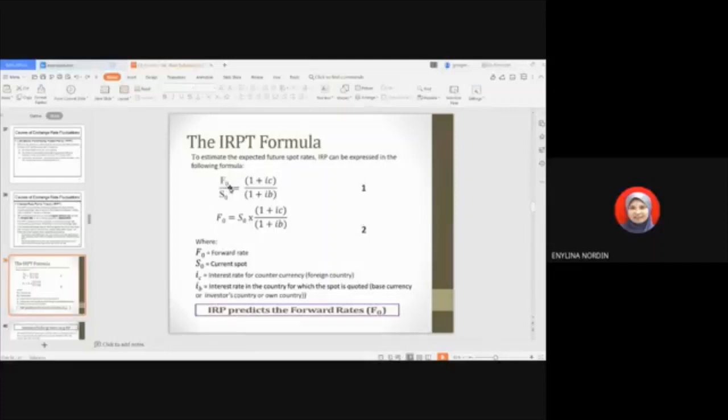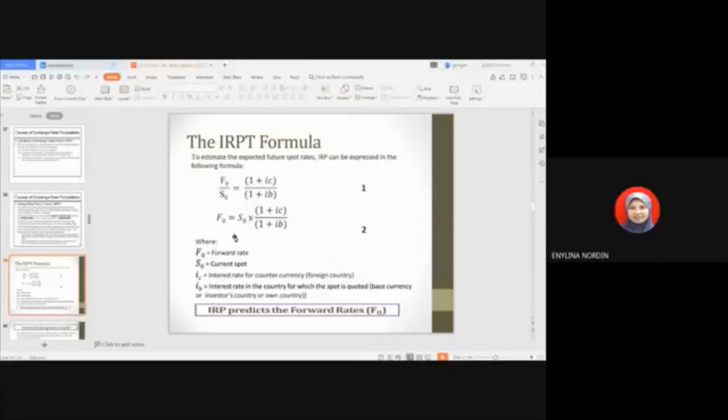This F in IRPT is referring to the forward rate. In this case, we assume that the forward rate F1 is expected to be equal to the expected future spot rate, which is S1.